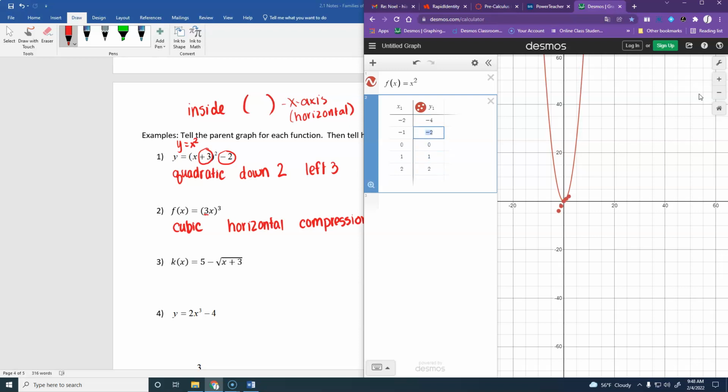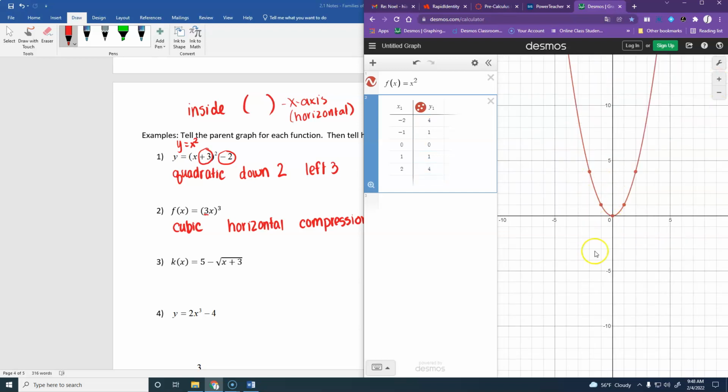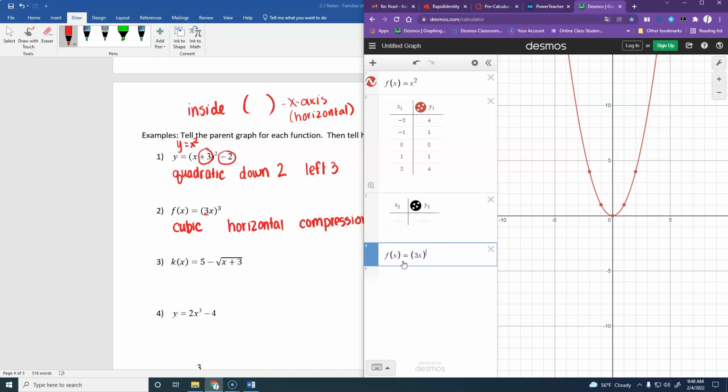Okay, so if I have this table right here, this is what we start with. And I want to see what happens whenever I have 3x, like this. So, not to the third, squared. I've got that inside.